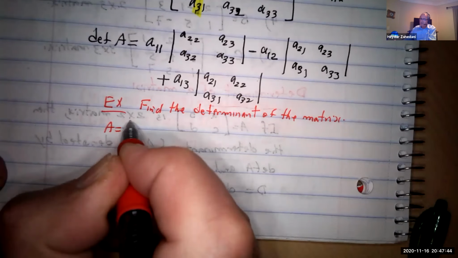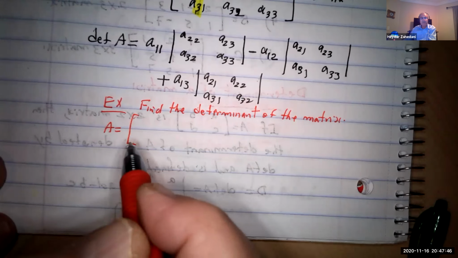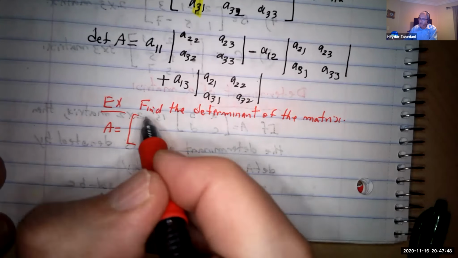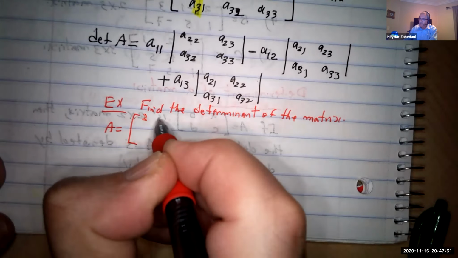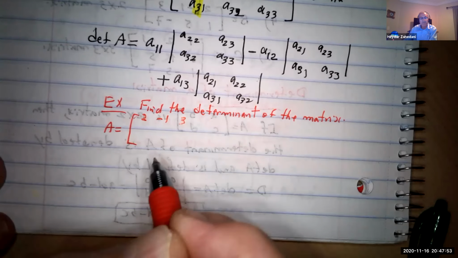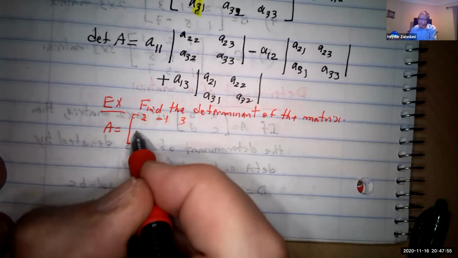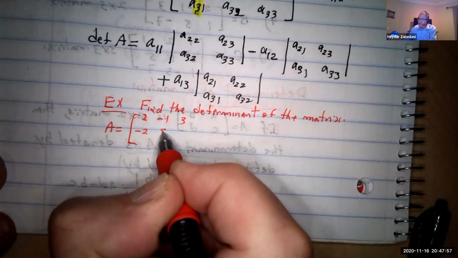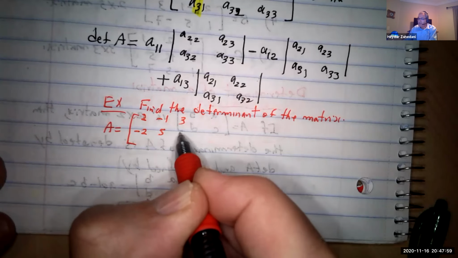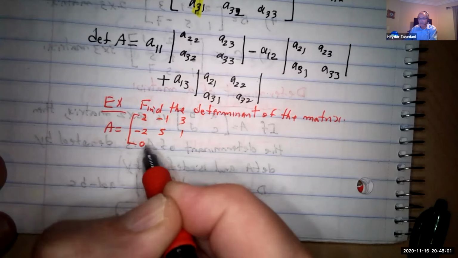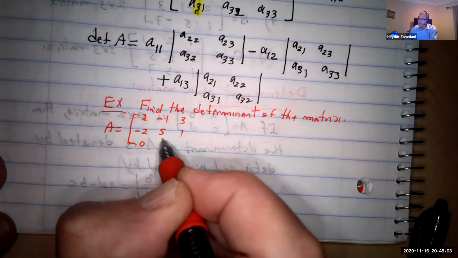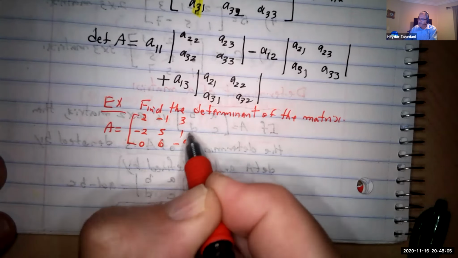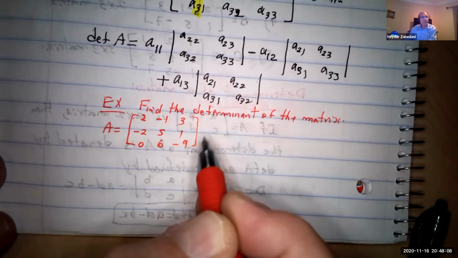A equal to, this is the given one, a 3 by 3. You have 2, -1, 3, -2, 5, 1, 0, 6, and -9. This is the matrix.